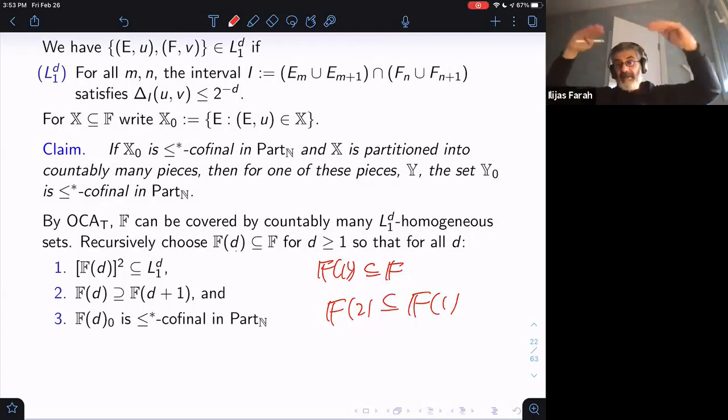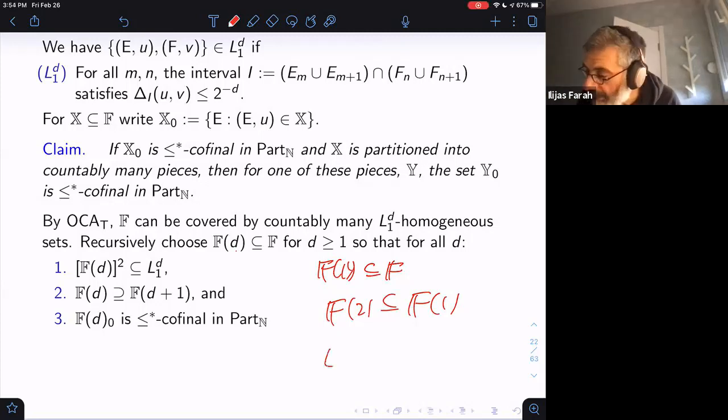So we have this decreasing sequence of sets. The d-th set is homogeneous for the d-th partition. Note, by the way, I don't think I ever said this, but it's probably clear that L_d^1 includes L_{d+1}^1. It's clear from here, right? Because the only place where d appears is here. You just have more stringent requirements for what this delta function is allowed to be.